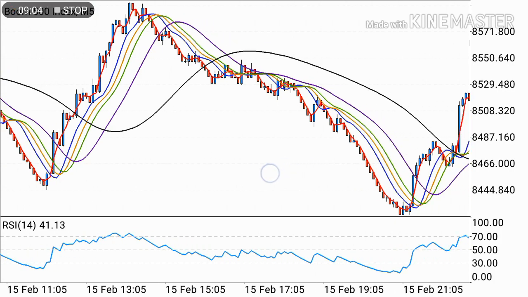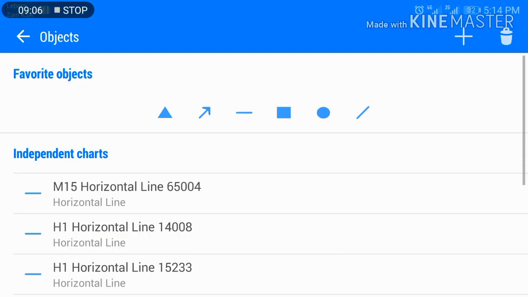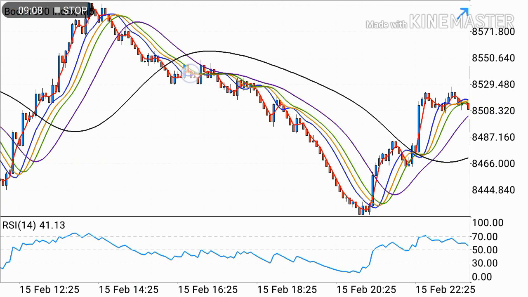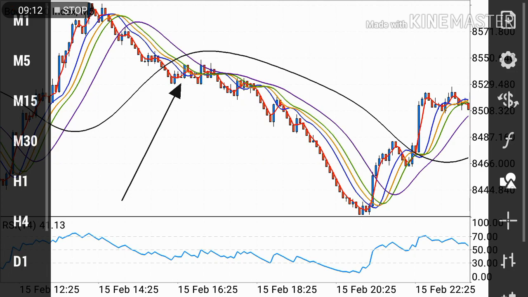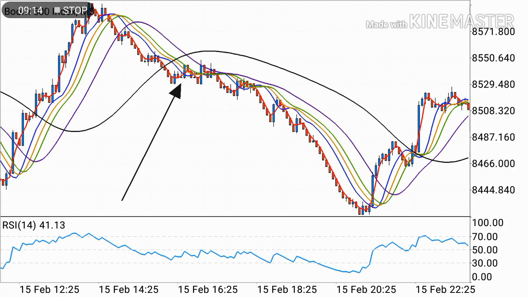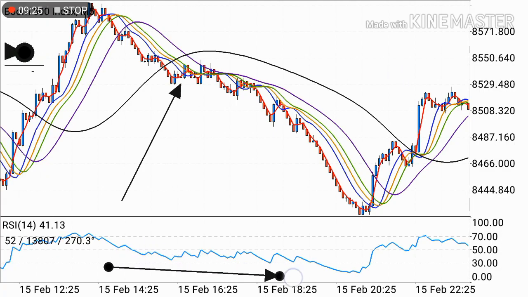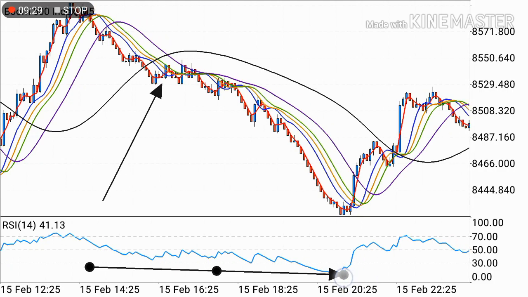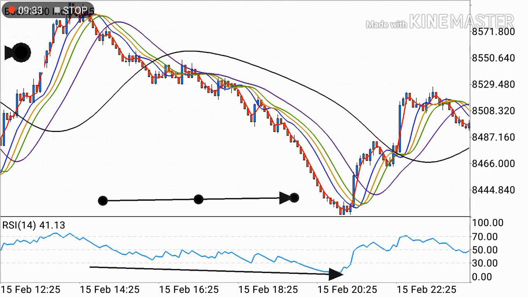All moving averages crossing each other, and the market started going down. And look at this point of RSI also. RSI turns from the wait zone, and once RSI hits the outside level, you have to close your trade, and look how many pips you make.